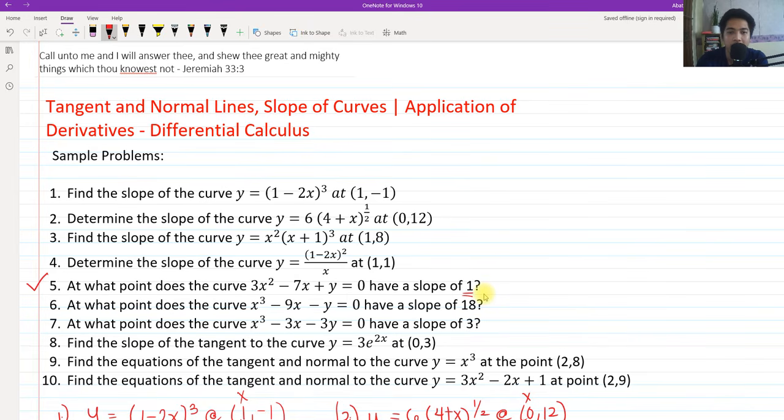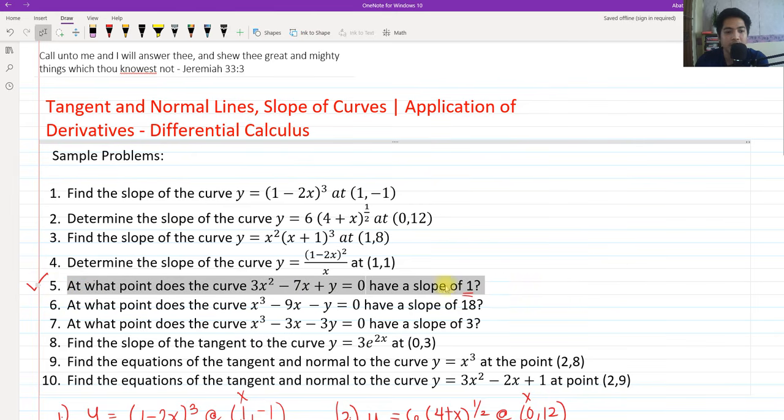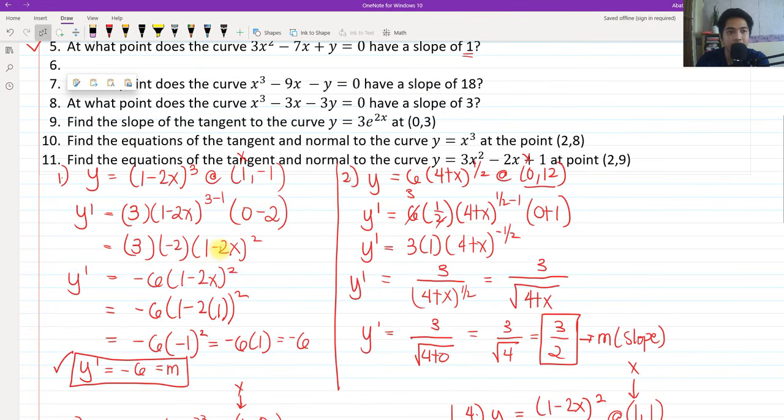What we are going to find is the point wherein the curve 3x squared minus 7x plus y has a slope of 1. So that's what we are asked for. Instead of rewriting this, let me just copy this.